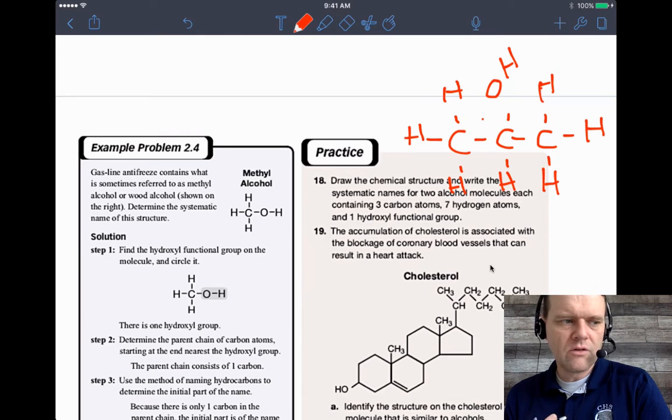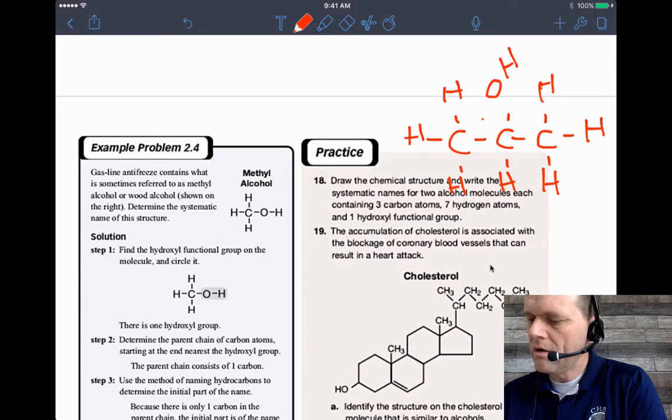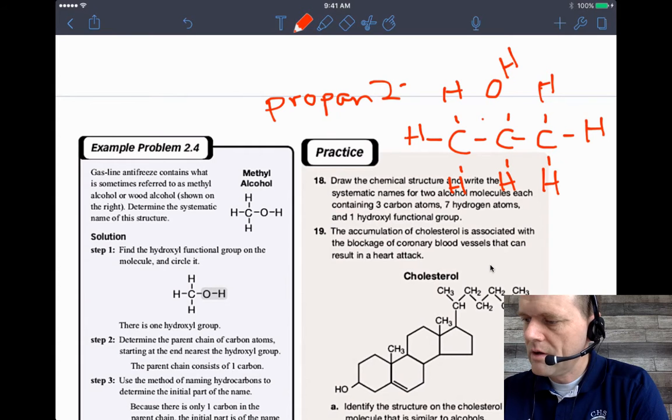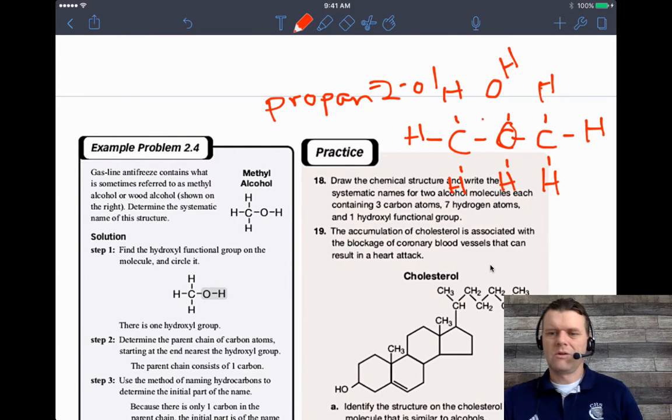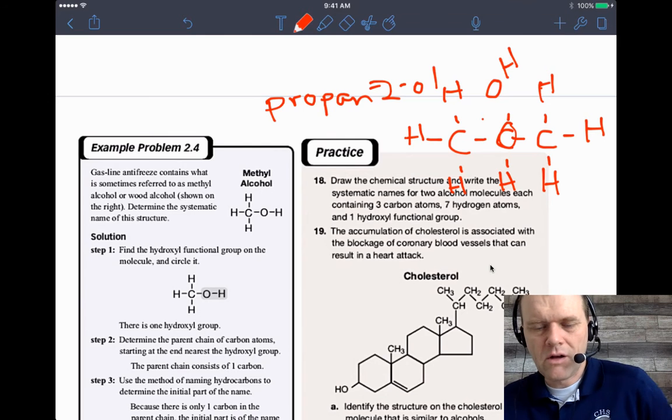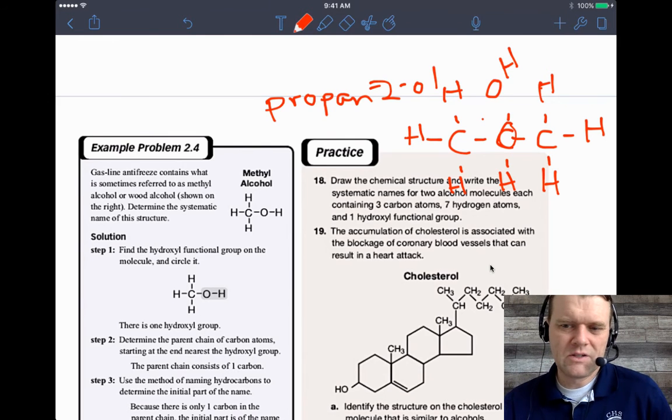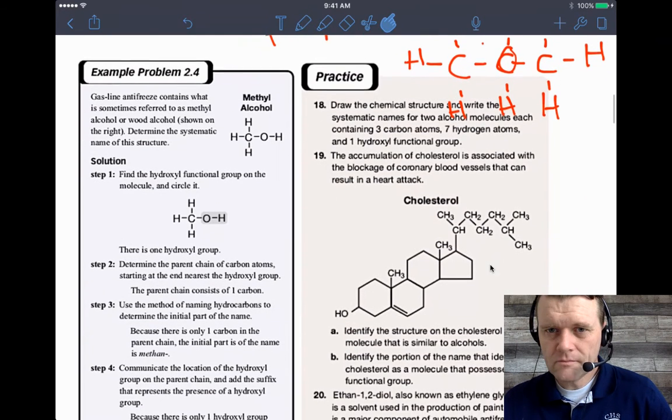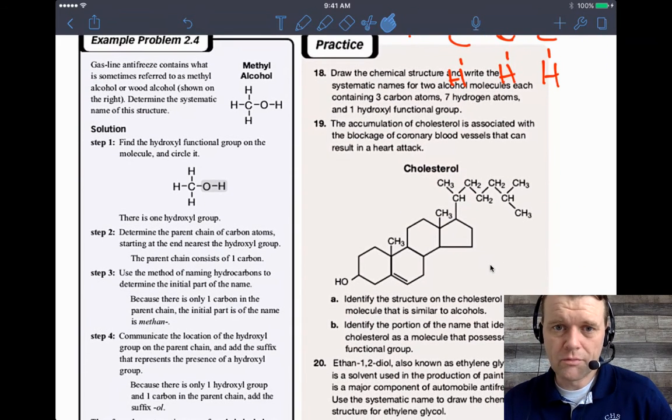Ultimately you could have just propanol, which was the first one I wrote, or the one I just did right here, which would be propan-2-ol because it's on the second carbon. Sorry, that's a little awkward, but I think that makes sense. It's just where it is in terms of the different positions you could put the hydroxyl group.